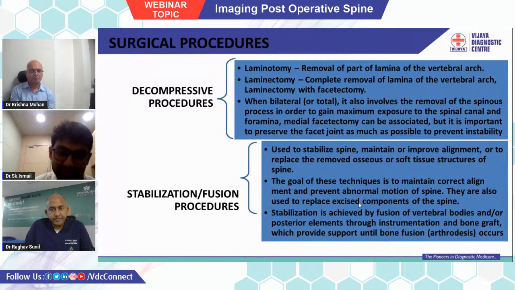The role of MRI is usually for early complications, early dreaded complications, and long-term complications. Early dreaded complications include a post-operative spondylodiscitis, or a post-operative hematoma, or infected post-operative collection, or vascular injuries and spinal cord infarcts.